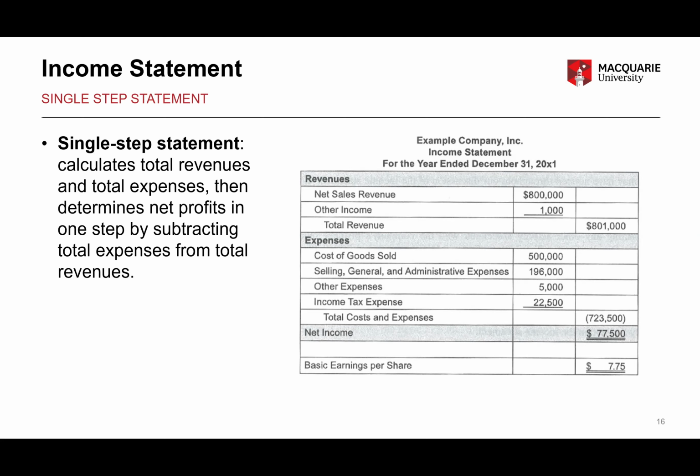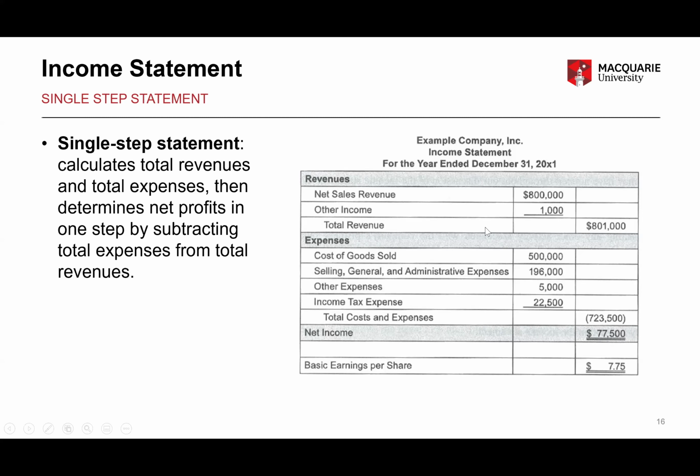And what we can see here on this slide is a very simple version of the income statement. This statement has added together all the revenue and added together all the expenses, and then it has subtracted the total expenses from the total revenue to give a net income.